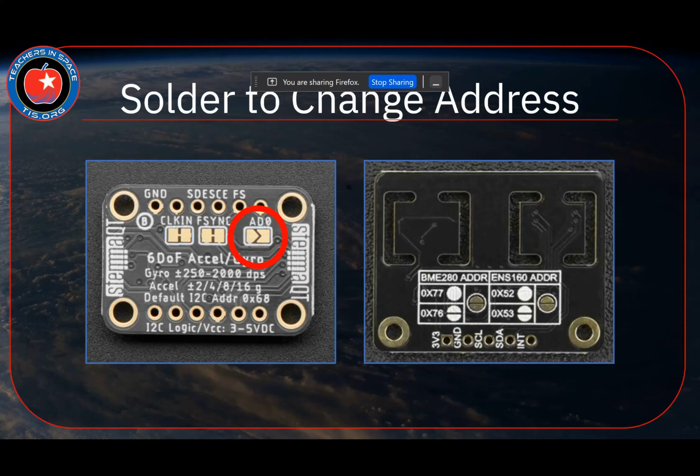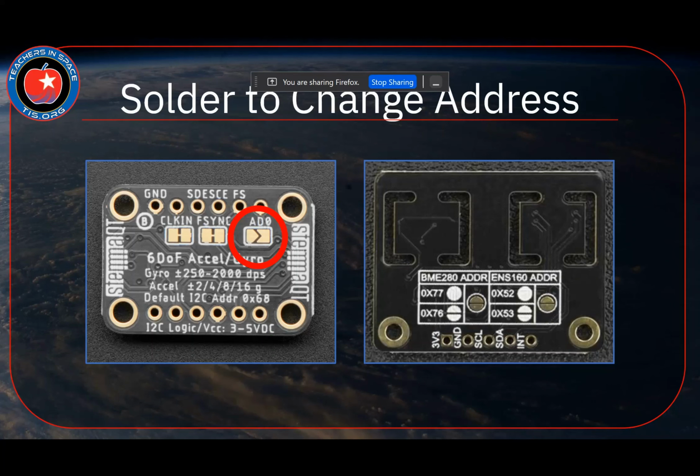Now, not all sensors have that functionality, so keep that in mind when you're choosing sensors. And if there's something you really want to use, maybe contact the manufacturer before you order it and ask, what is the address on this sensor?